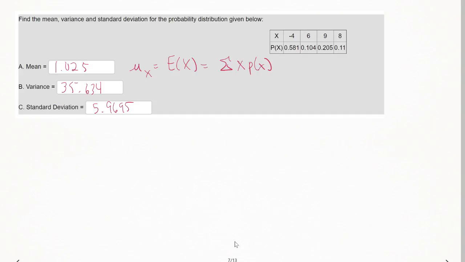Our variance, which is the sigma x squared, is equal to the summation of the quantity x minus mu of x, squared, times our p of x. And then our standard deviation is basically the square root of the variance, and that's why we actually had that first. I know that seems kind of odd, but it's the square root of sigma x squared. Okay, so that's where that came from.